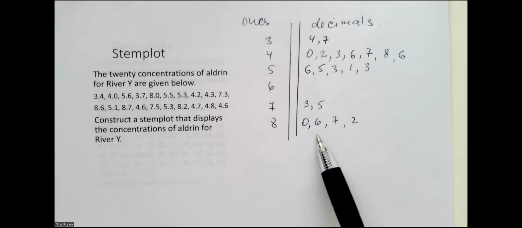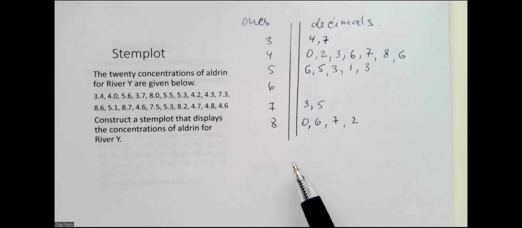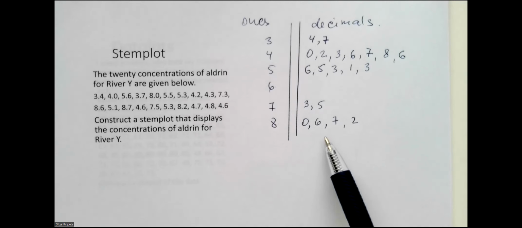Stem 8 was also often observed. There are no values with stem 6. Okay, so there's a lot of information that I can draw from this graph, and we're going to discuss how we can use it a little bit later as well. But this is what a stem and leaf plot is.